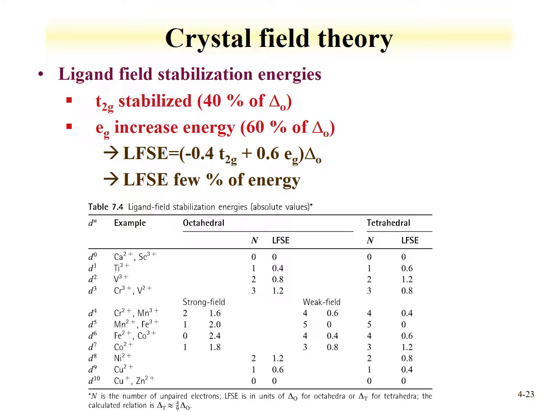So we see that the T2g for the octahedral system tends to be the bonding orbitals, where the egs can be the non-bonding orbitals. And then here are some stabilization energies given for different metal ions from d0 to d10 for both the octahedral and the tetrahedral fields, for both strong and weak fields, and we'll describe these strong and weak field terms.